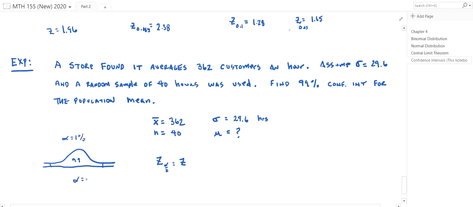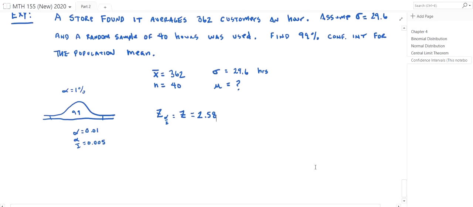So in decimal form, alpha equals 0.01. Alpha over 2 equals 0.005. So z equals 2.58. We can actually see it up here for these values. So scroll up if you need to. Meanwhile, I'm going to continue.